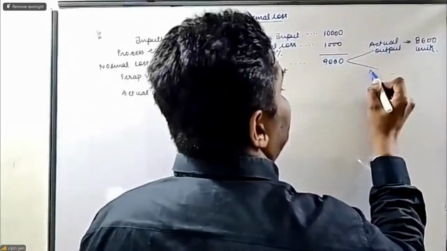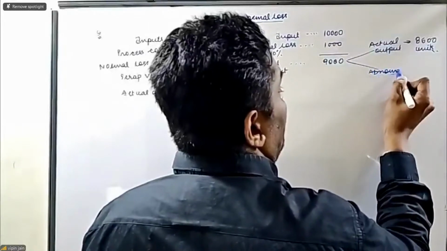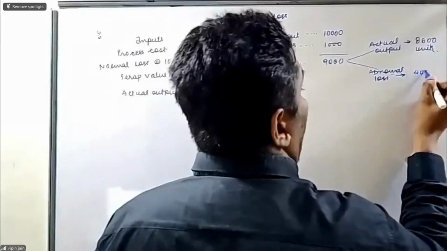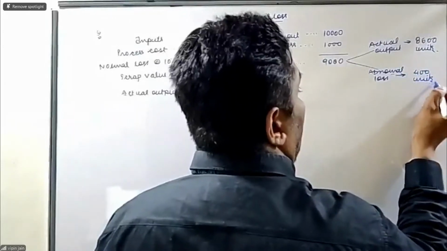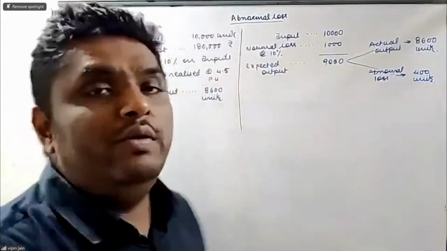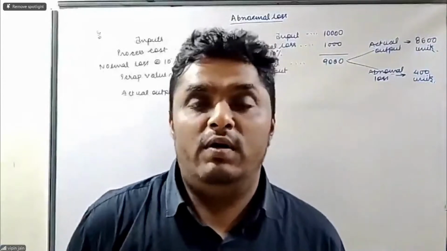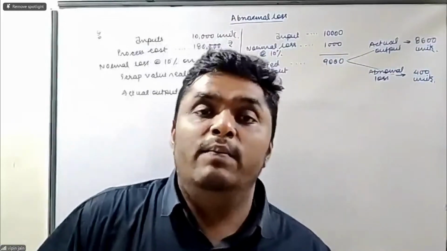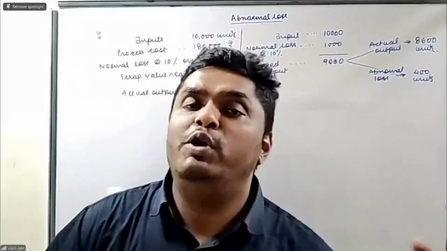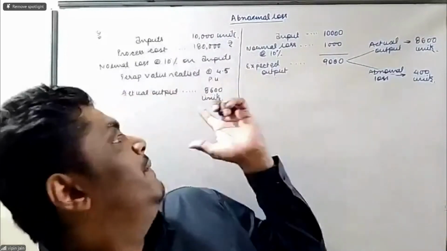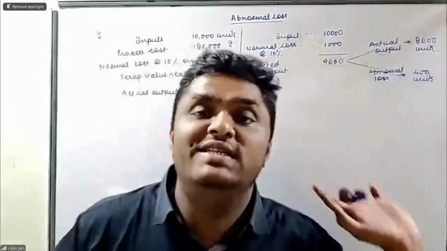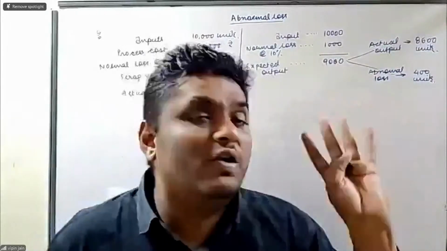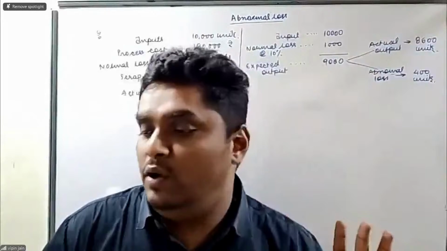These 400 units is my abnormal loss. I was expecting an output of 9,000 units. मुझे expectation था कि मेरा output आएगा 9,000 units. However, my actual output was only 8,600 units. So here, this loss of 400 units is my abnormal loss.